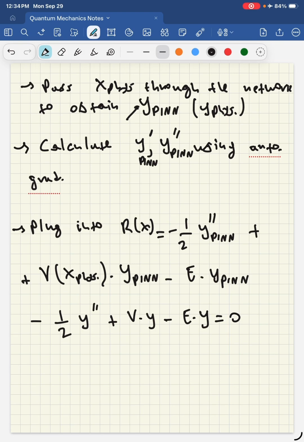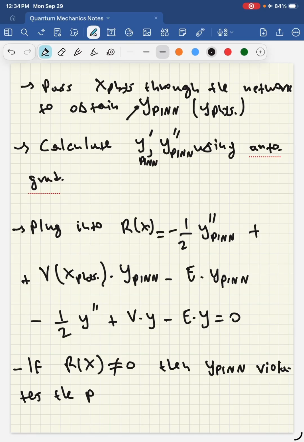If r of x is not equal to 0, then y PINN violates the physics of the problem. I hope this makes sense.